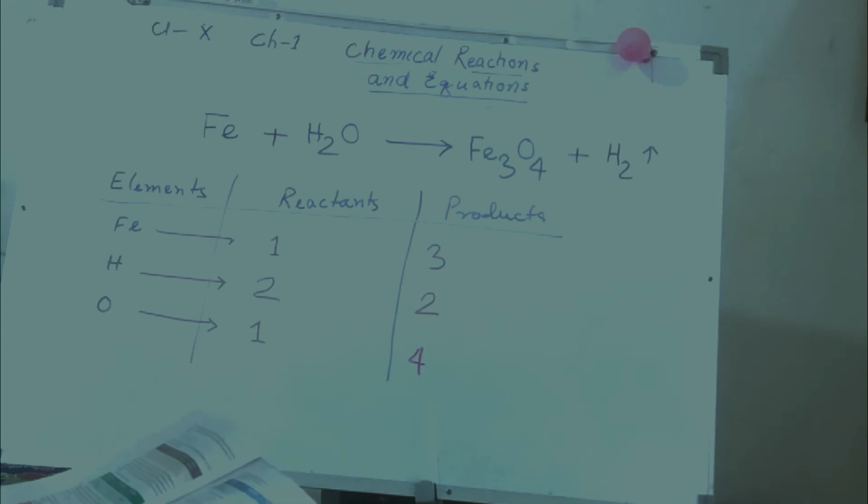To equalize the number of atoms, it must be remembered that we cannot alter the formulae of the compounds or elements involved in the reaction. For example, to balance oxygen atoms, we can put coefficient 4 as 4H2O and not H2O4 or (H2O)4.